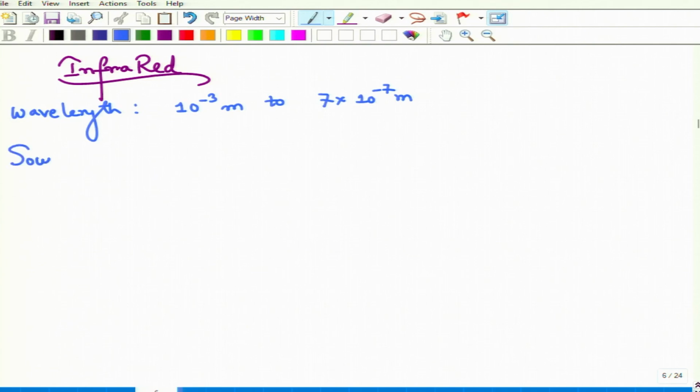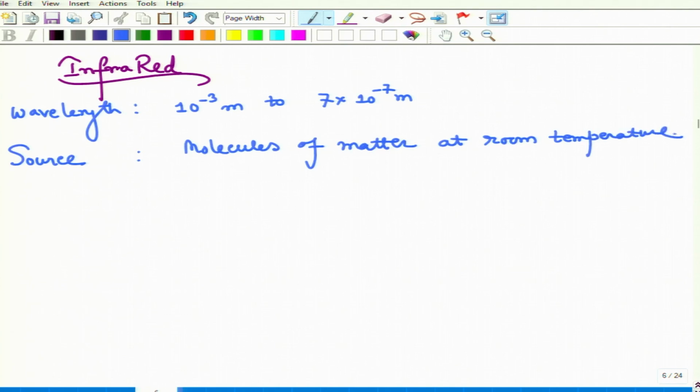Next is the source. What is the source? Molecules of matter at room temperature. Okay, it means that at room temperature, everything is constructed by lots of molecules, Avogadro number of molecules, we know that.